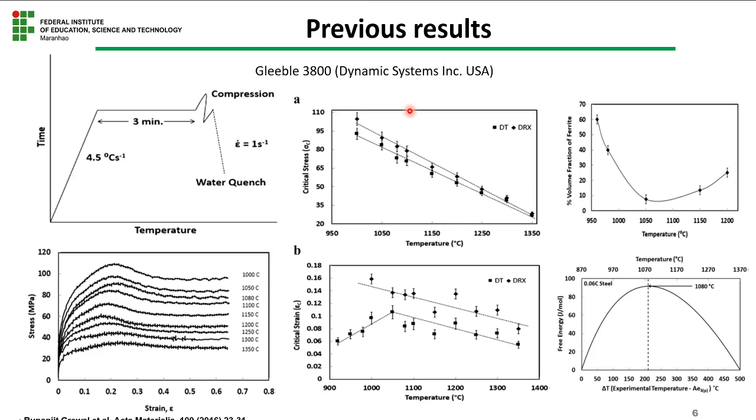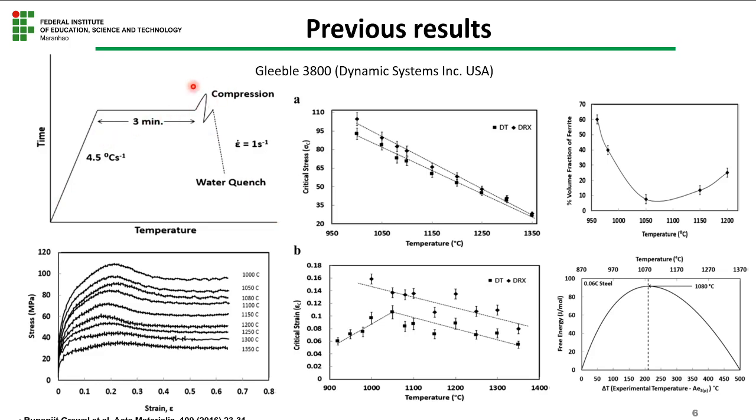And here I have some previous results, previous work, when I used a Gleeble machine 3800 at ETS, and you can see what we did in this work using Gleeble equipment.